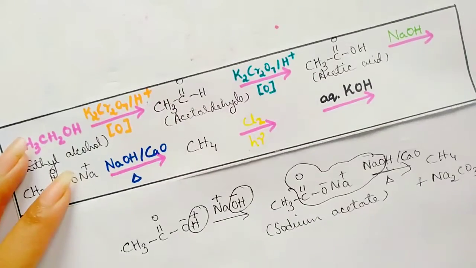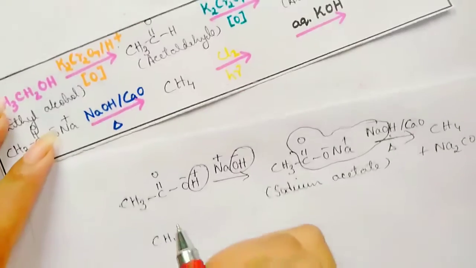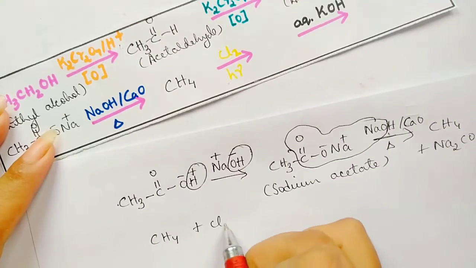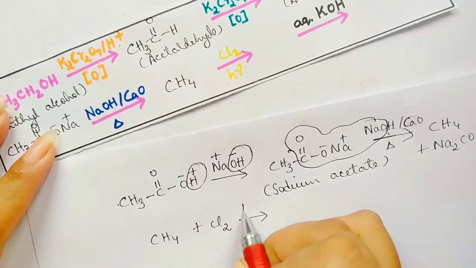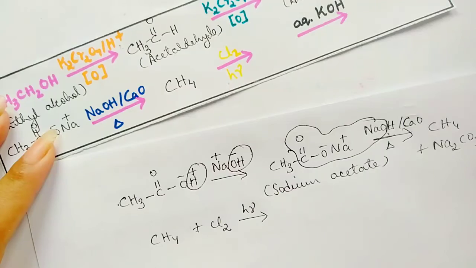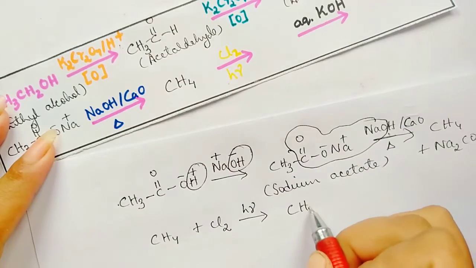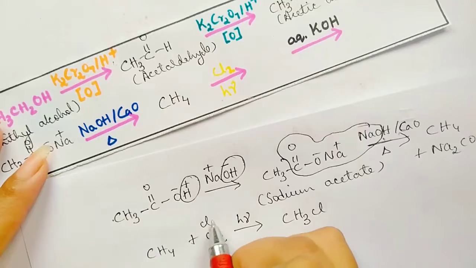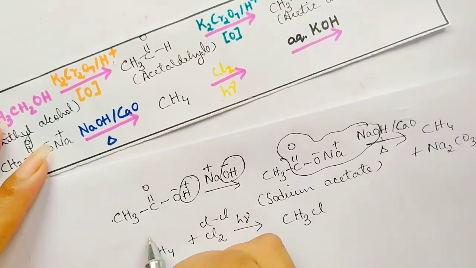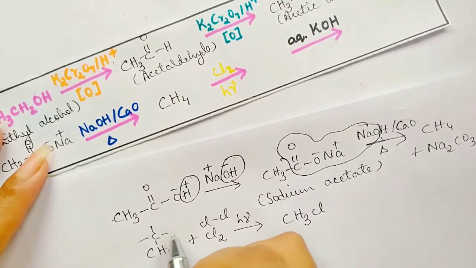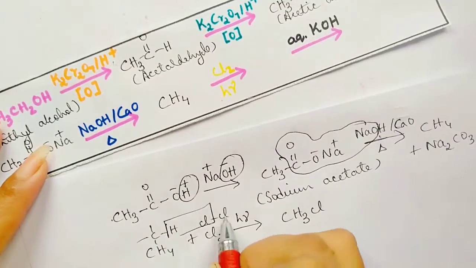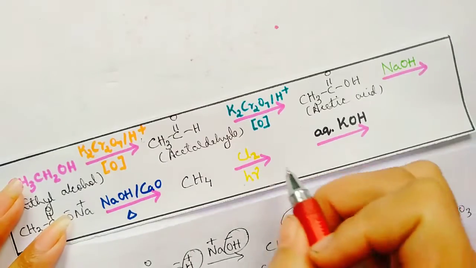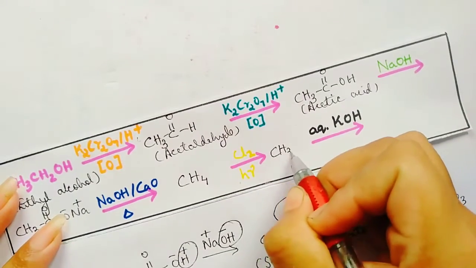Alright, now methane with chlorine in the presence of light, then you get methyl chloride, CH3Cl.